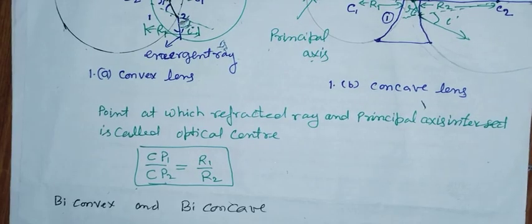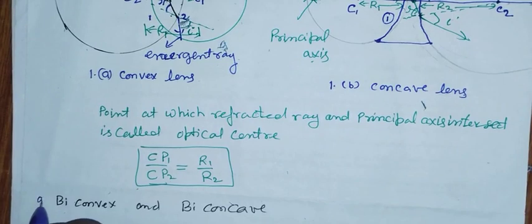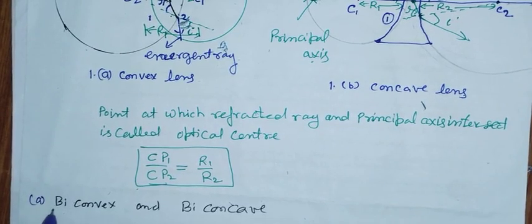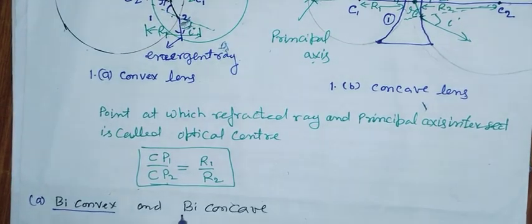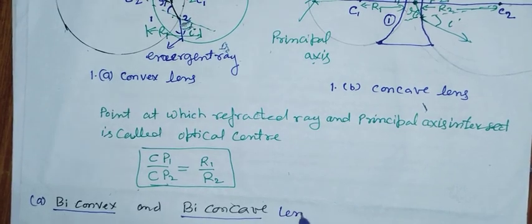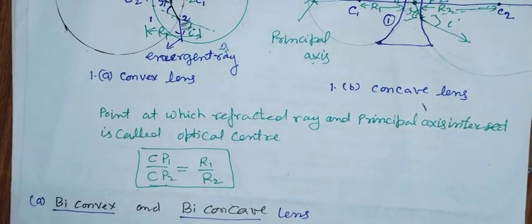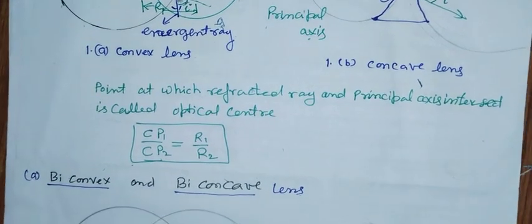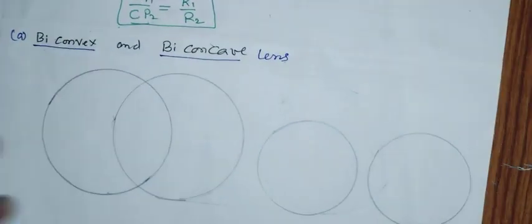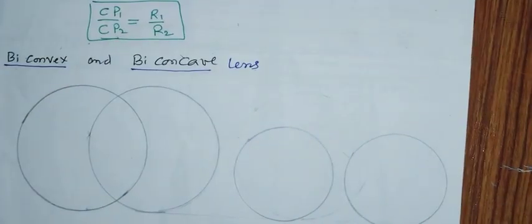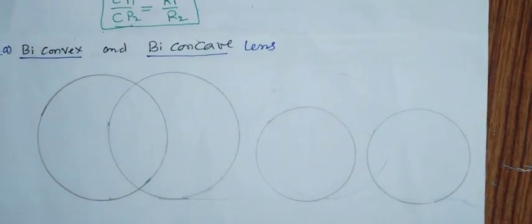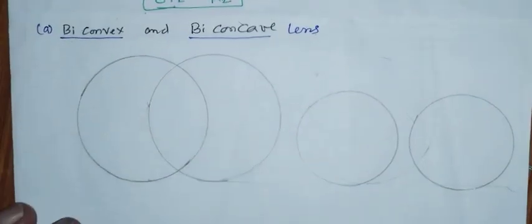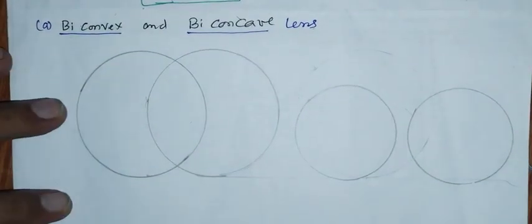Since we know that lenses are of three types, the first type is a biconvex lens or biconcave lens. So for biconvex and biconcave, let us take this example of a concave and convex lens, and see very carefully the concept of optical center.